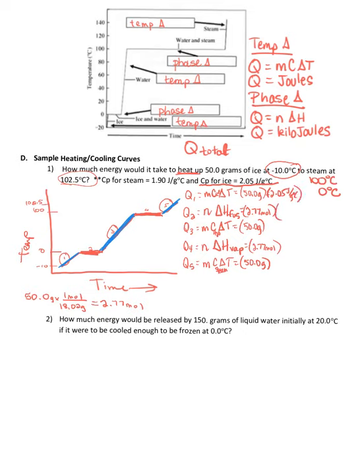Delta H of fusion, you have to look back on the prior page, on the last page of your notes under section B. The delta H of fusion for water under section B is 6.02 kilojoules per mole.